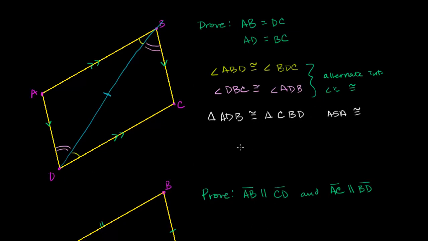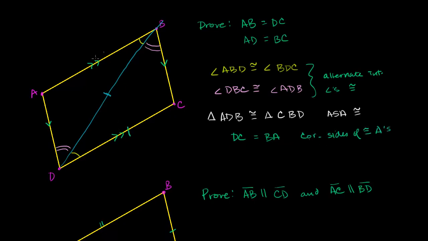Well, what does that do for us? If two triangles are congruent, then all of the corresponding features of the two triangles are going to be congruent. In particular, side DC on this bottom triangle corresponds to side BA on that top triangle. So they need to be congruent. So DC is going to be equal to BA, because they are corresponding sides of congruent triangles.